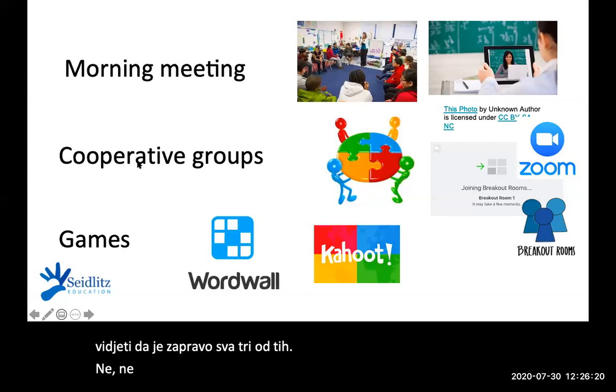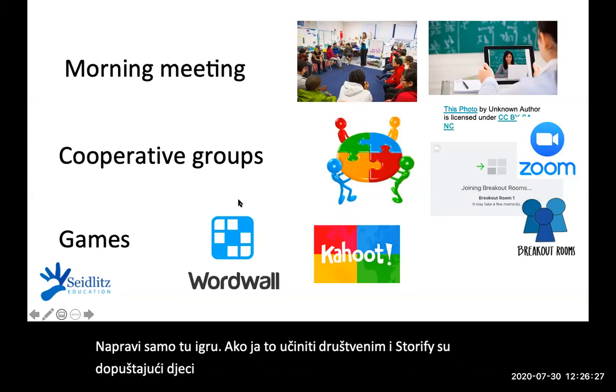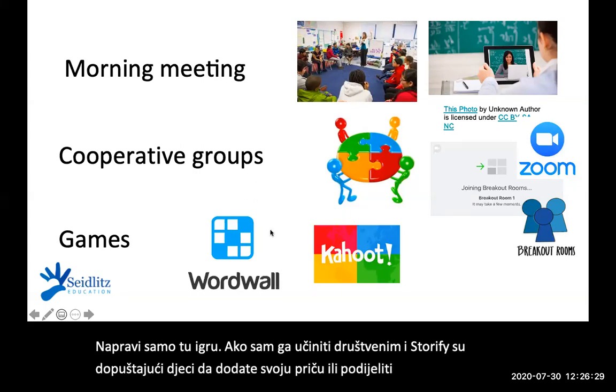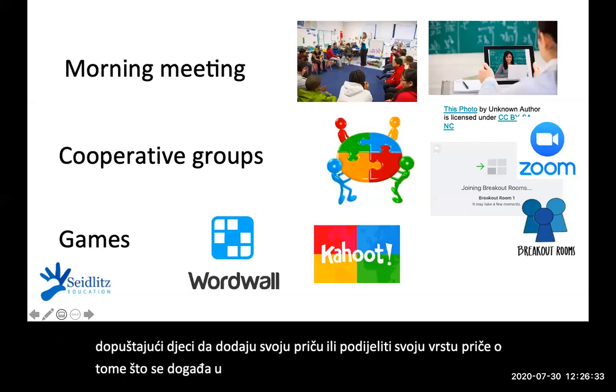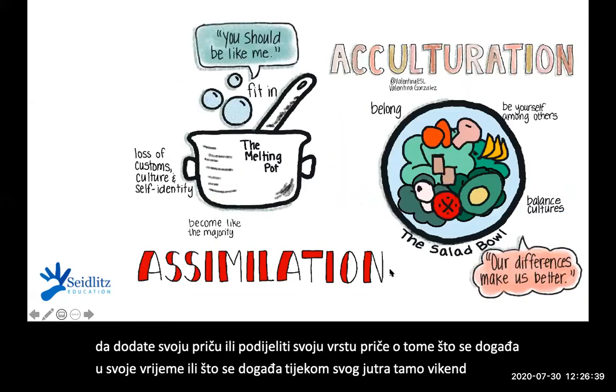Gamify, make it social, and storify. We're allowing kids to add their own story or share their own kind of narrative about what's happening in their day or what's happening during their morning, their weekend, having a little bit of an open discussion.